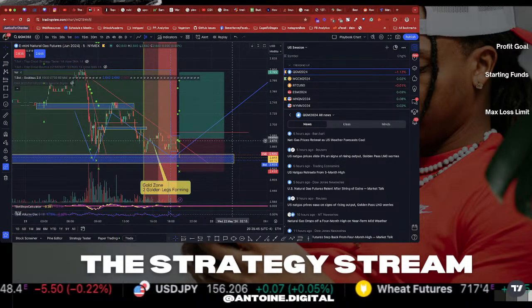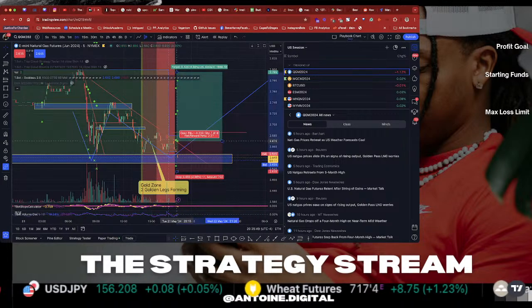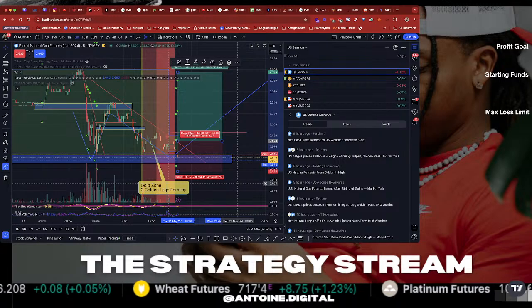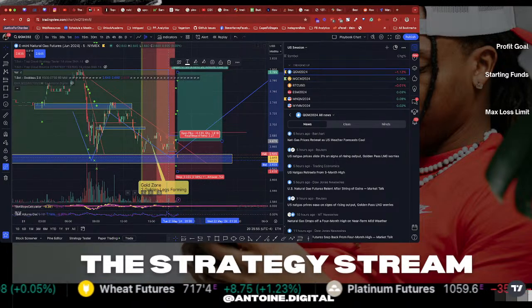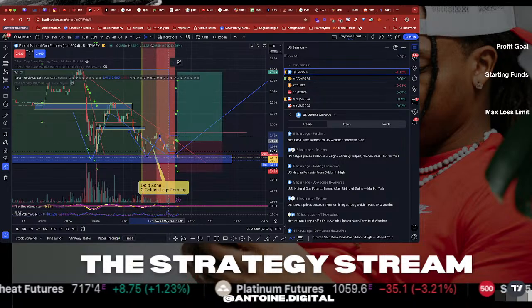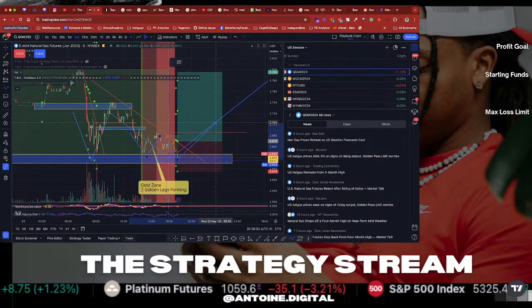So sometimes the sentiment analysis, the fundamental analysis really makes a difference. I like this W it made though, so I'm gonna see. I'm waiting to see what the volume does once we get into this session out of the red zone.